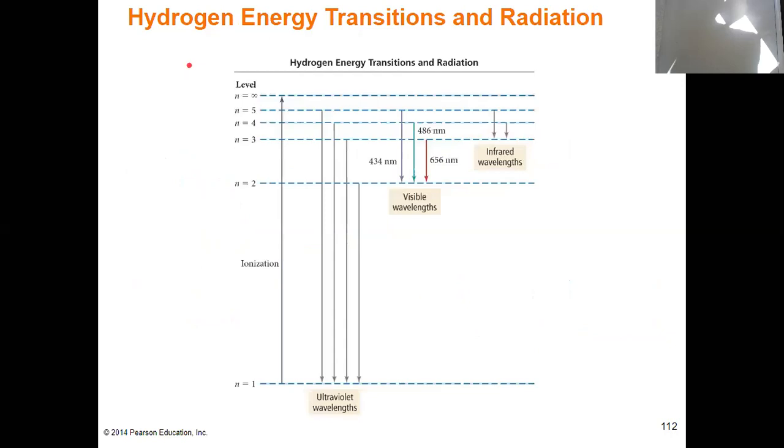And this, again, is a much better description of what the difference in energy levels of these transitions look like. Notice how big the gap is from n equals 1 to n equals 2. And notice how the size of these gaps decreases as you get further and further away from n equals 1.